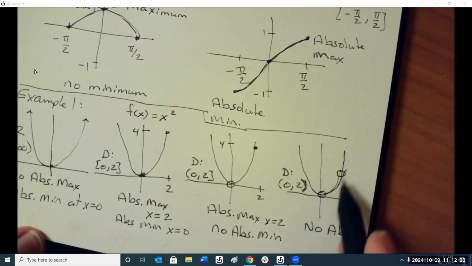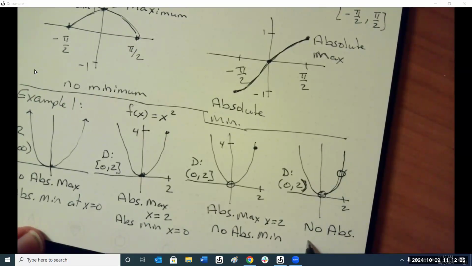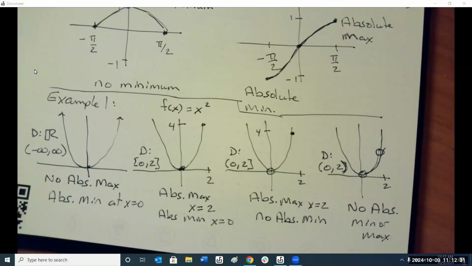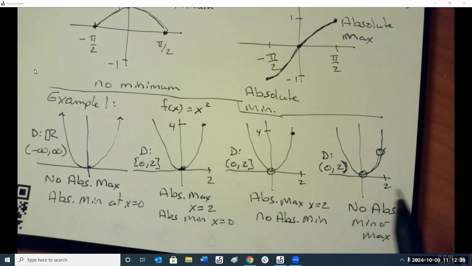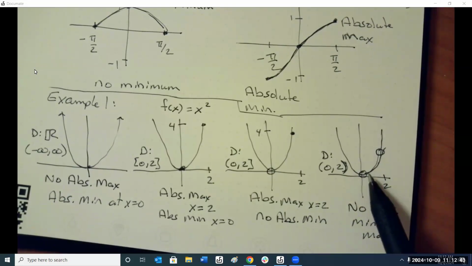This one, since it's open at both ends, has no absolute min or max. So it has to be a closed interval for the endpoints to be included. If they're not included, it cannot be a maximum or minimum. Why? Because we can keep on getting closer and closer to that point and never reach it.